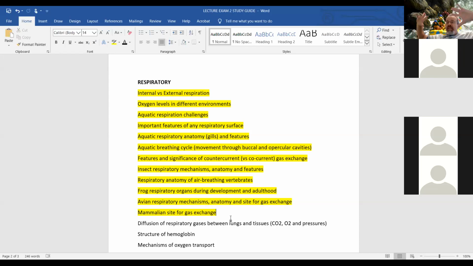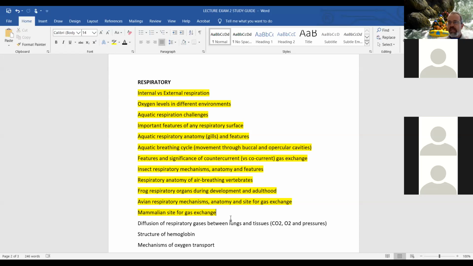They expand and then they contract, which forces air across the parabronchi. That's where the gas exchange occurs. And then the now oxygen-poor air enters the other air sacs where it's eventually squeezed out. The key aspect is that it takes 2 full cycles for a particular volume of air to make it through the system.